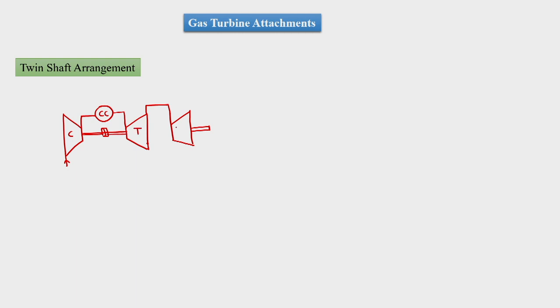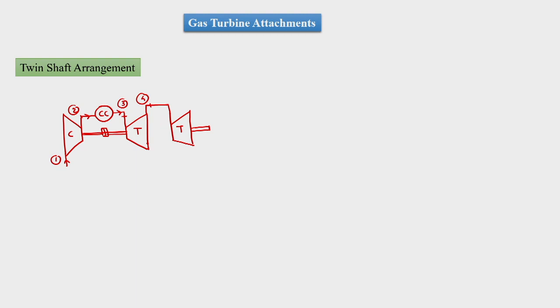So, this is the compressor, and then air will come into the compressor in the process 1 to 2, then it will go to the combustion chamber in the process 2 to 3, it will go to the turbine which is attached directly to the compressor, and then it will get expanded in process 3 to 4.